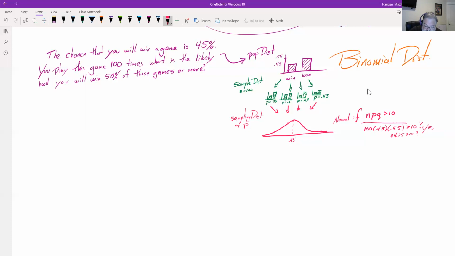Now, since this is a nice normally distributed curve, it should have a standard deviation, but since it would be a standard deviation for a distribution of samples, notice, a standard deviation of the distribution of proportions, as opposed to a standard deviation of means. This is a standard deviation of proportions.